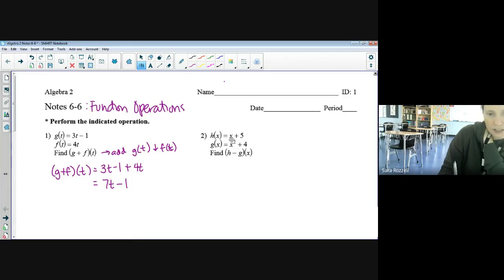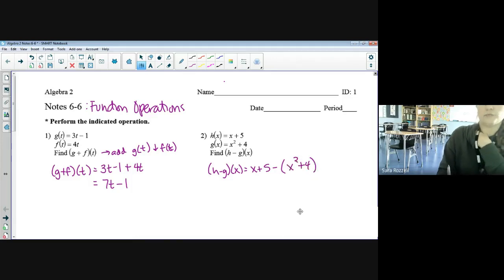So we do our h first. So h minus g of x. The h is x plus 5, right? That was my h function, is x plus 5. Minus, I'm going to write the g function, is x squared plus 4. I put the parentheses because the minus is going to have to be distributed.